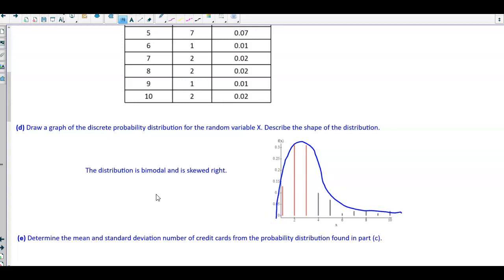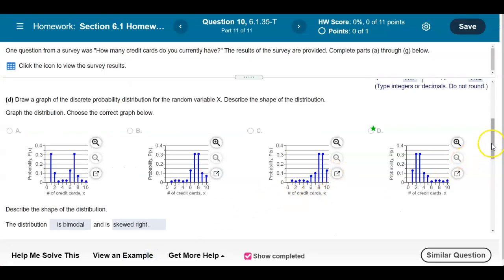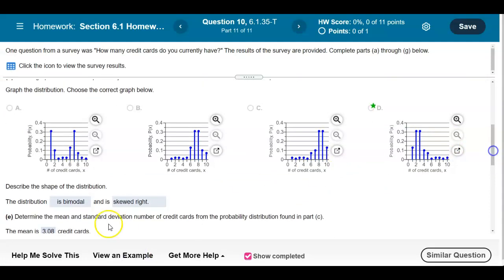So we can say that the distribution is bimodal because you can see here we have these two peaks, and we also know that it's skewed right because the graph is being skewed right. And so therefore, for part D, we have our graph, and then we have the bimodal, and it's skewed right.